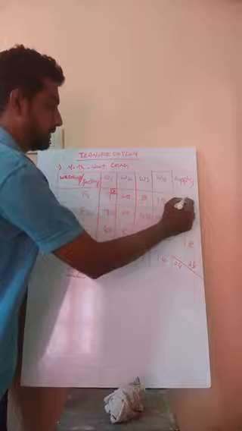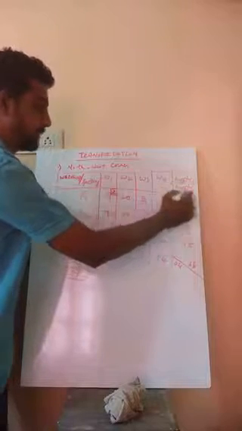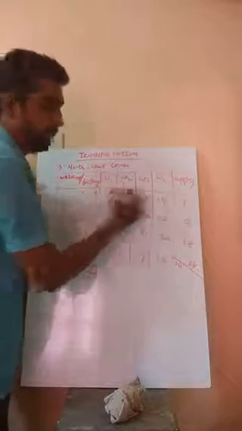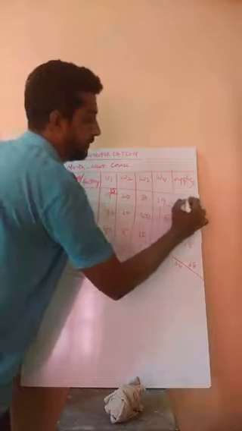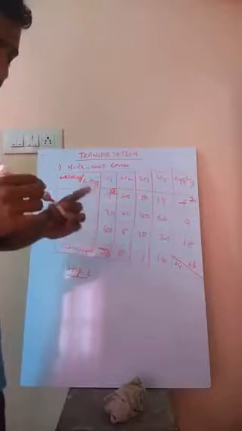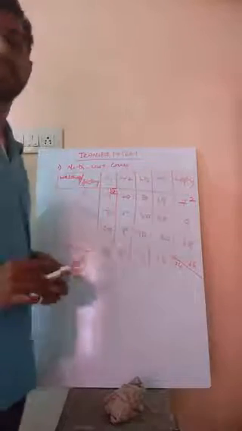Here you need to subtract the allotted value, that is 5, from the supply and demand. This will be equal to 2 here, and this is 0. Next we need to eliminate either a row or a column.